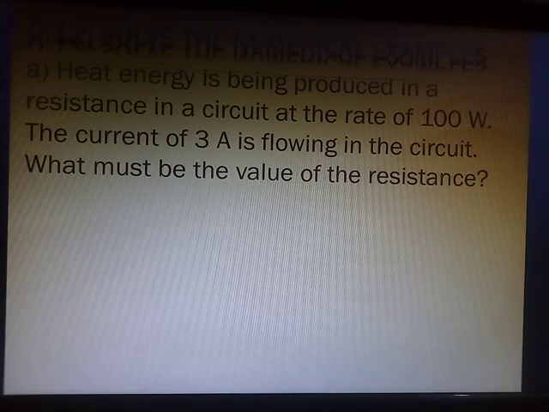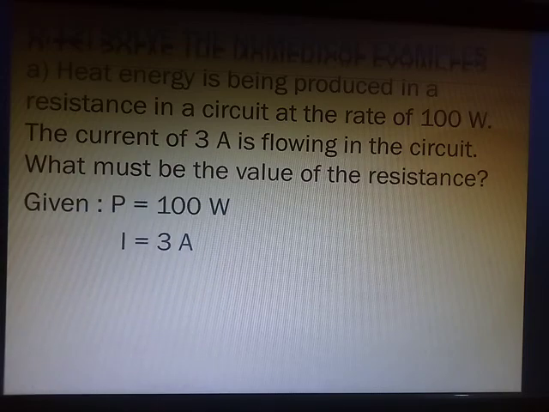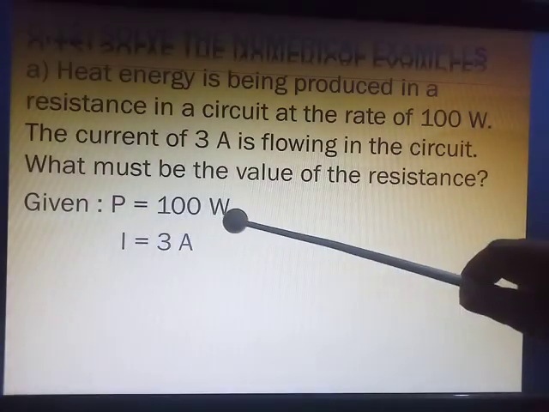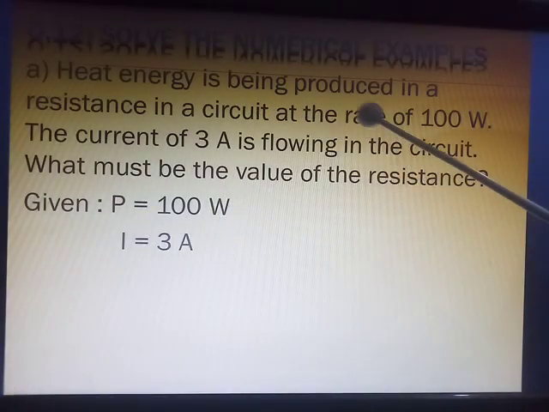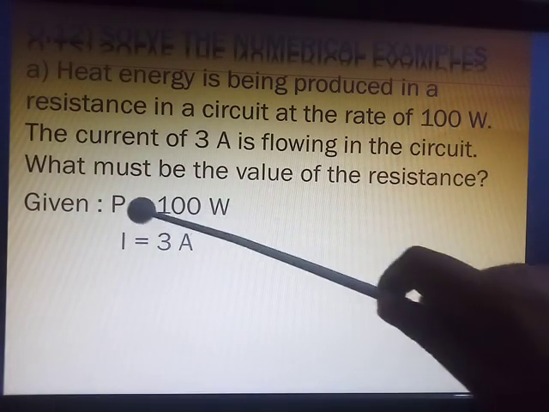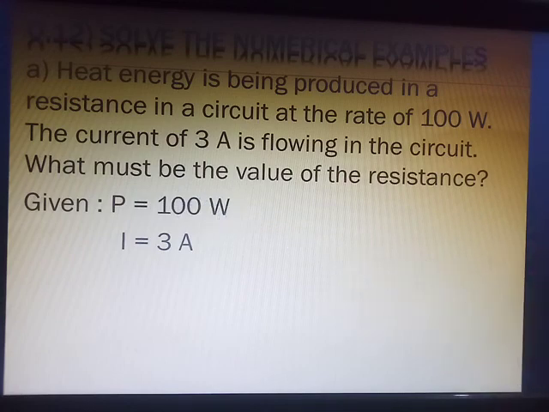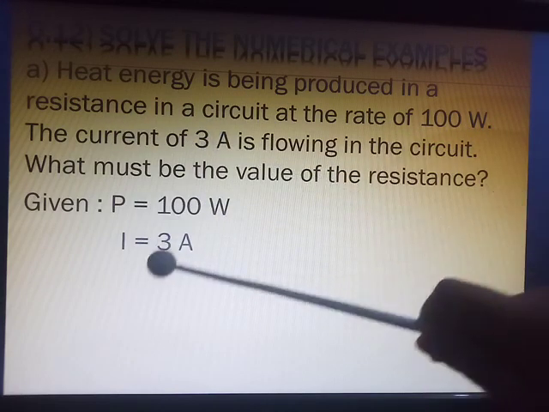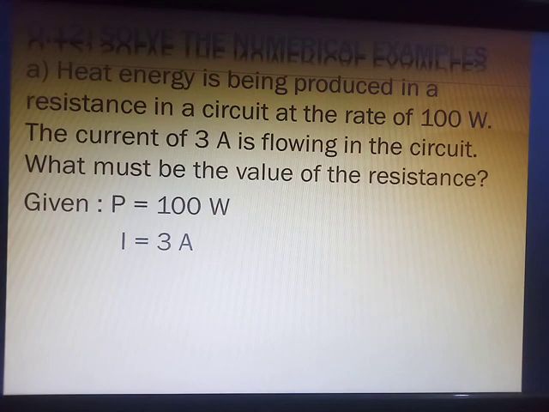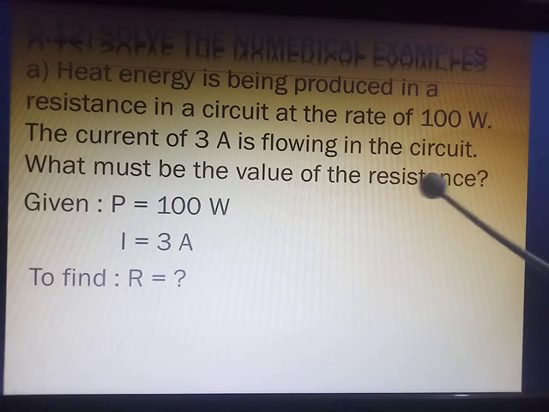They have asked us the value of R. So first, as usual, you are going to write what is given. Given is, you can see 100 watts means power is 100 watt. The current of 3 amperes. So current is denoted by I. Current is equal to 3 amperes. Our next step is what you have to find. You have to find the value of resistance.